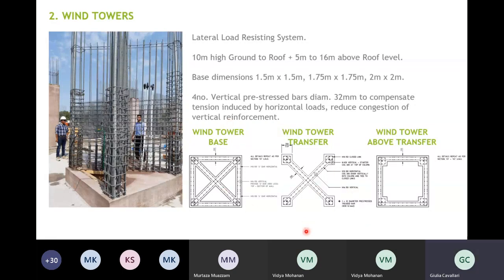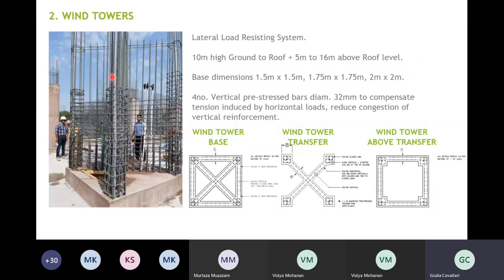And they had a transfer system at 2 meters high, and they had another transfer system at the top. In each corner of the wind towers, there are 4 vertical pre-stressed bars of 32 millimeter diameter that are used to compensate the tension induced by the horizontal loads.